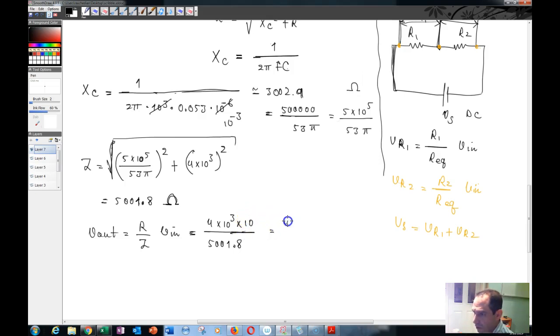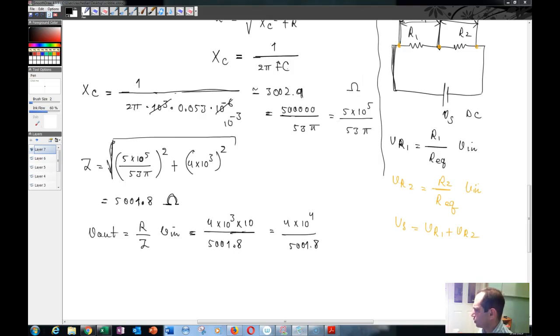This is the same thing as 4 into 10 raised to the power 4 divided by 5001.8, which is equal to 7.99.